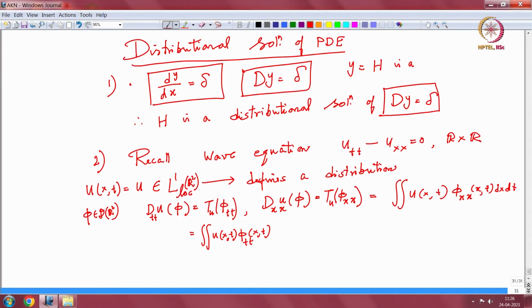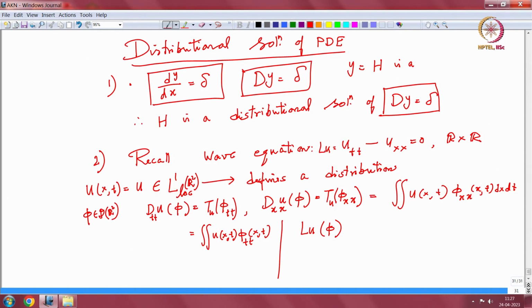If I call this an operator L, then L u evaluated at phi, we are treating Lu as a distribution.